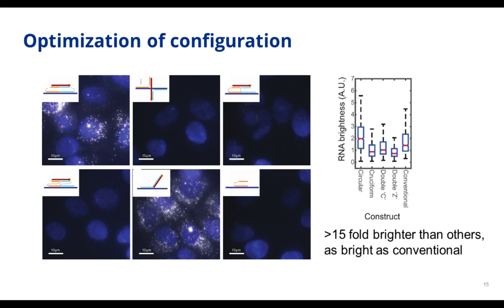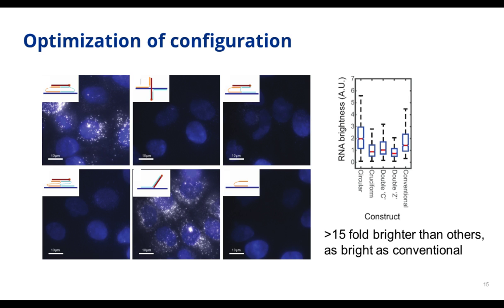So we tested many different ways to put the two probes together. We designed different ways to pair them. And actually, to our surprise, one of the ways is very efficient at pairing the probes. This circular structure, which we call SplitFISH, has as high efficiency as if we were to just bind a very long probe on a single probe.